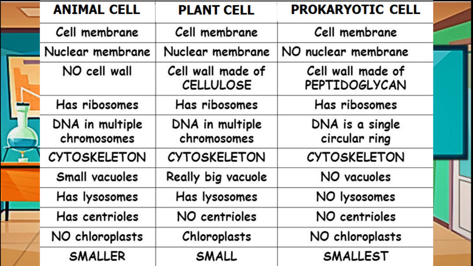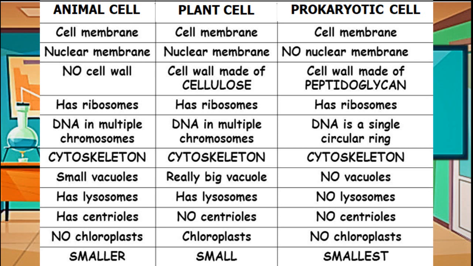Animal cells have small vacuoles, while plant cells have really big vacuoles. And the prokaryotic cells have no vacuoles. Both the animal and plant cells have lysosomes, and nothing in the prokaryotic cells. Only the animal cells have centrioles, and the rest don't have them.